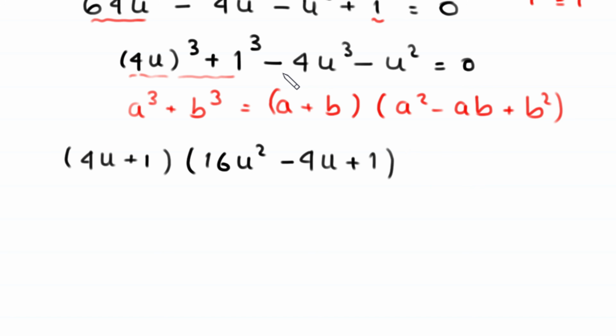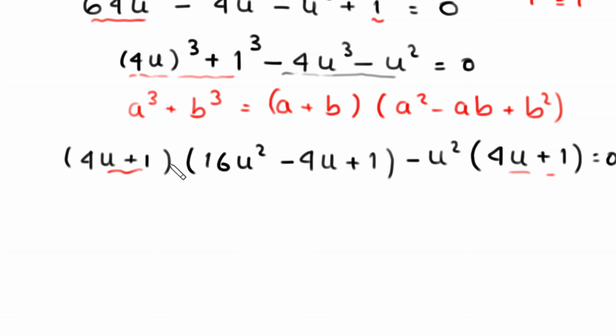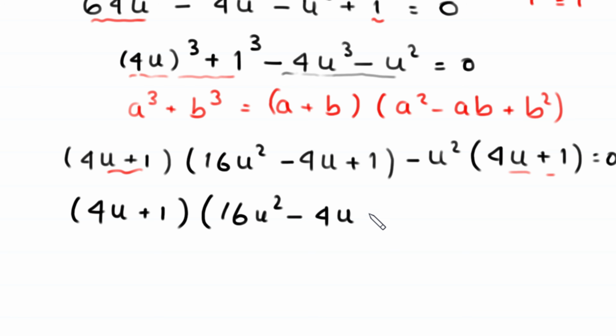And from these two terms, negative 4u cubed minus u squared, we can factor out negative u squared, in bracket, 4u plus 1 equal to 0. This 4u plus 1 is a common factor, so we factor out this (4u plus 1), and in bracket, 16u squared minus 4u plus 1 minus u squared equal to 0.